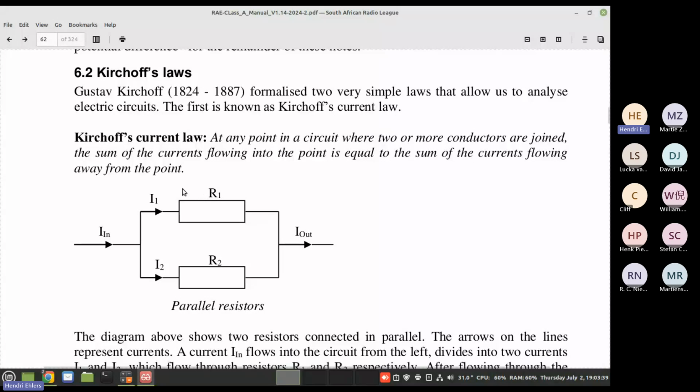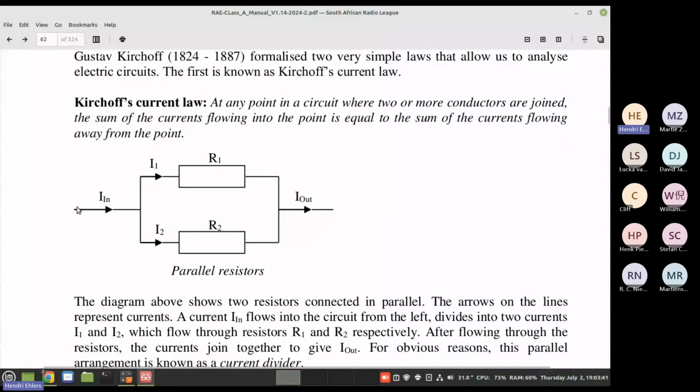What that basically means is that if we have, for argument's sake, 10 amps flowing in here, and we've got two resistors of equal value, the current will split, 5 around here, 5 around there, and they will combine again, and it will once again be 10 amps. So what we need to remember is whatever goes in this side comes out that side.